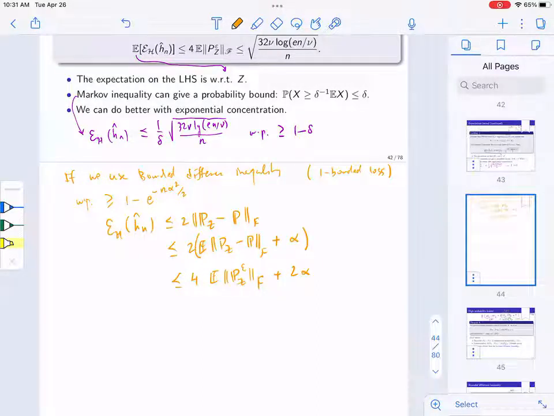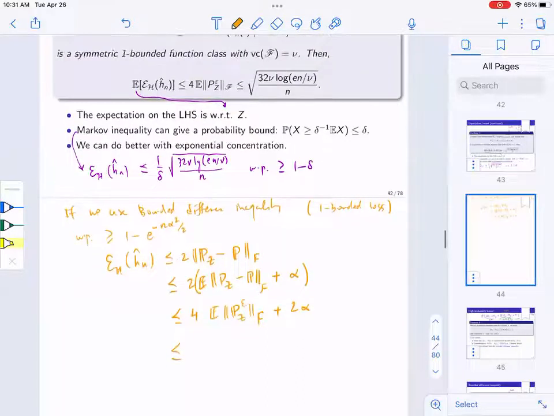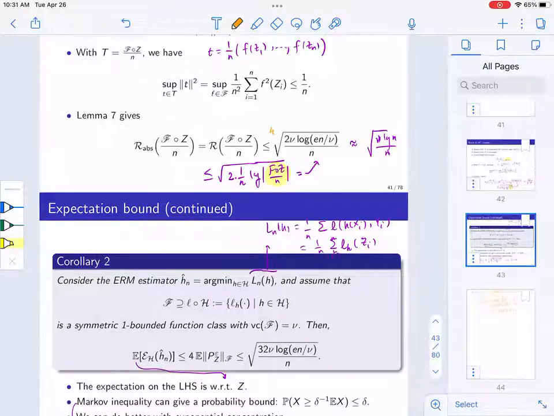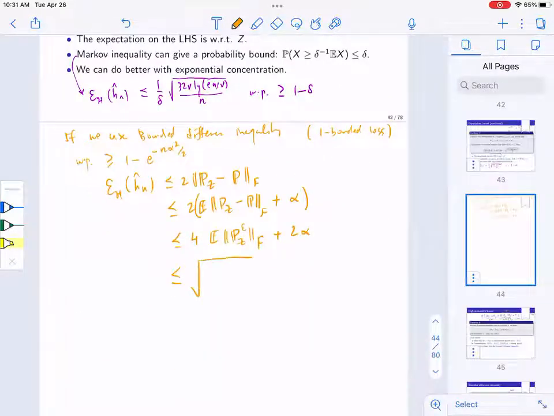There's a 2 here, and this is bounded further by 2 times this. I get 4 plus 2 alpha. Because I have a 4 here, move the 4 inside. Okay, I forgot to mention that. You get 32, so you get root 32 nu log en over nu, divided by n, plus 2 alpha.